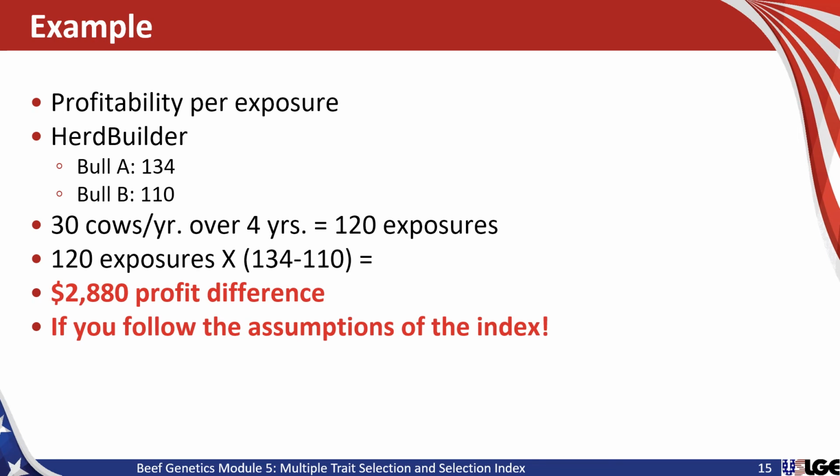This allows me to gauge what the proper investment is in terms of either purchasing Bull A compared to Bull B, or perhaps the unit cost of semen between the two bulls.